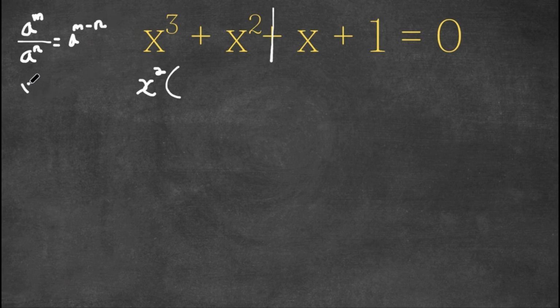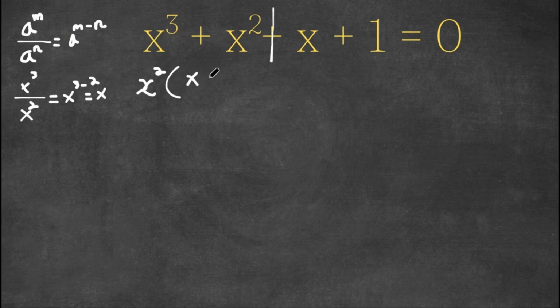So x to the power of 3 over x squared would equal x to the power of 3 minus 2, which is simply x to the power of 1, which is x.